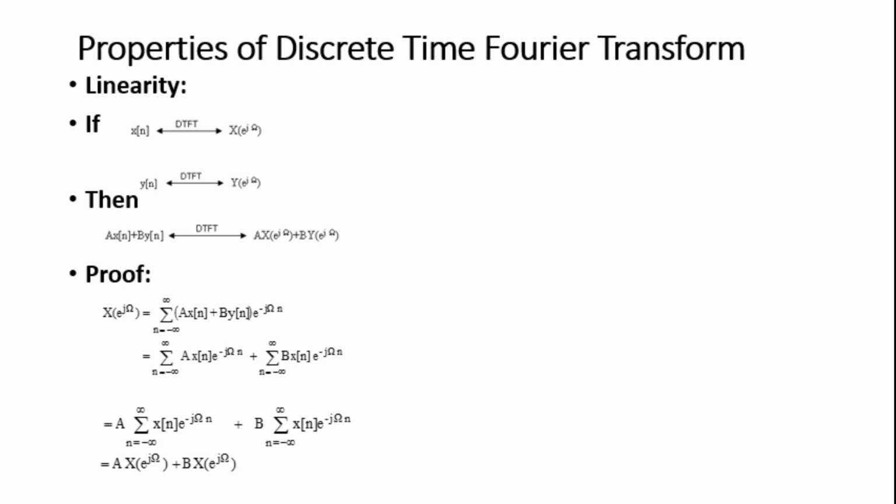The statement is: if we take the discrete time Fourier transform of x of n, we get X of e power j omega, and for y of n, we get Y of e power j omega. Then for a into x of n plus b into y of n, the discrete time Fourier transform is a into X of e power j omega plus b into Y of e power j omega.